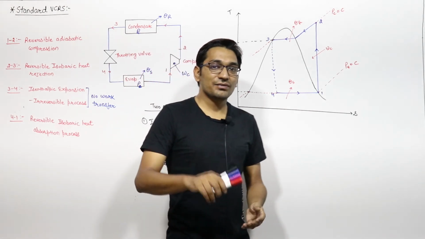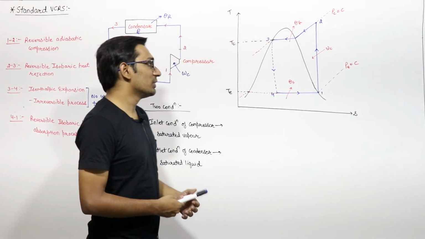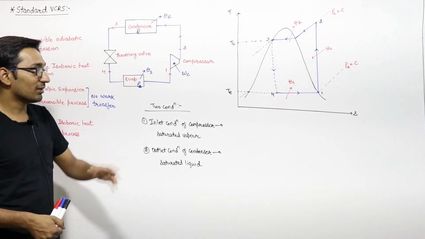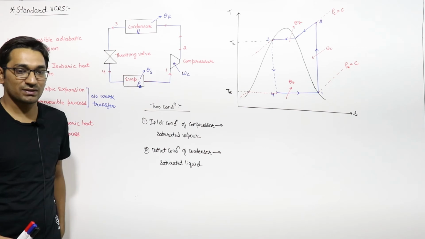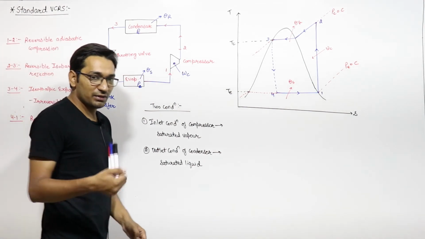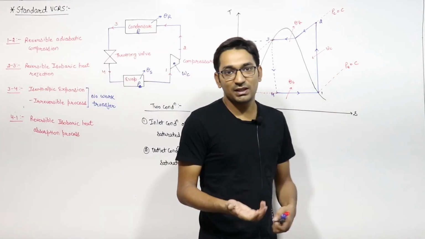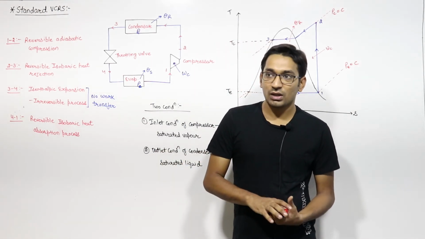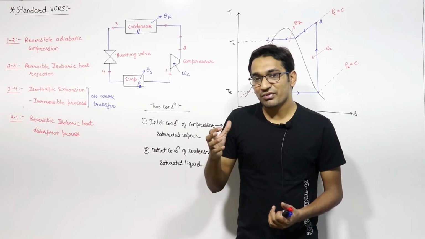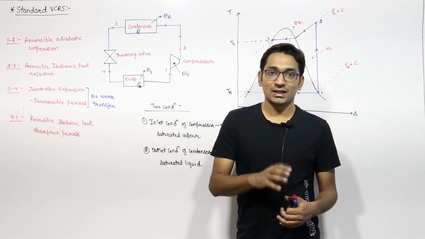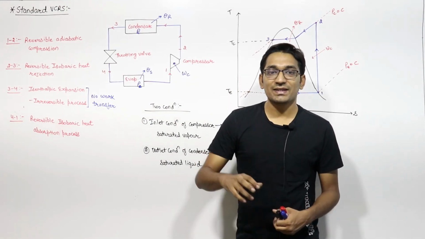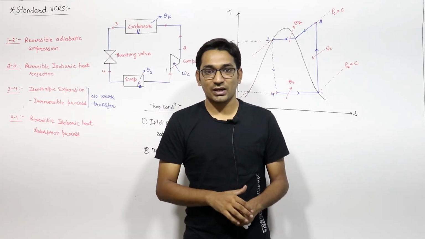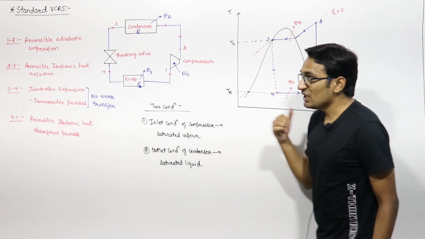But in the gas refrigeration system, we use a turbine, or reversible adiabatic expansion, rather than the throttling process. In interviews for PSUs, this concept is a must to understand: why are we not using a throttling device in the reversed Brayton cycle? Why do we use a turbine there?